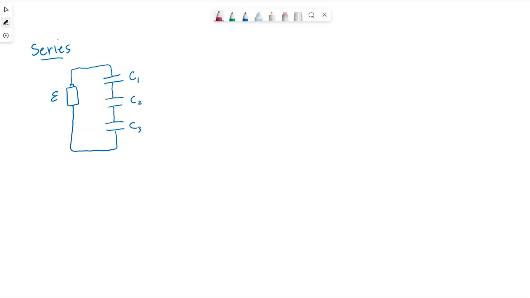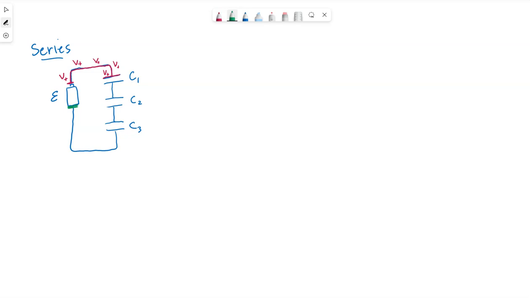If we think about that equilibrium state, the V positive I drew before is still going to be true. The positive terminal of my battery, in equilibrium, means the wire also ends up with the same positive potential as the top plate that the wire connects to. Those all end up at the same potential.